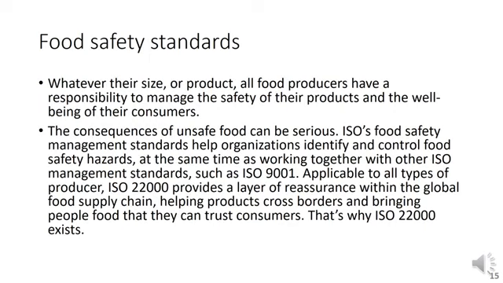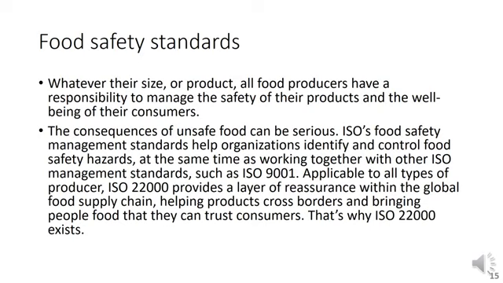Right, so ISO 22000 is a globally accepted international standard which specifies the requirement for the food safety management system. This was actually established in 2005. ISO 22000 is applicable to all organizations which are involved in the food chain, and the main objective is to ensure the food safety.